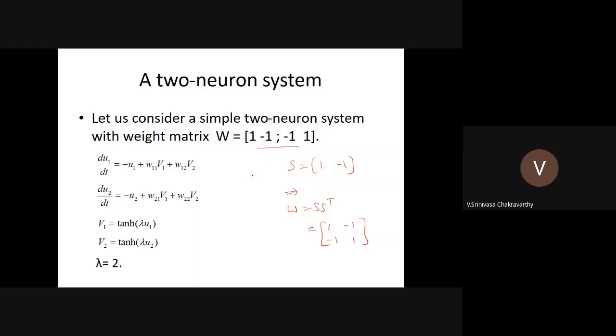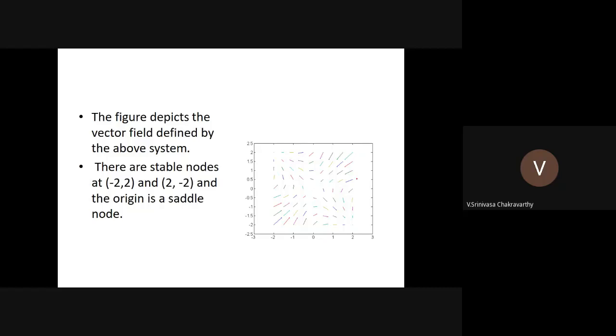If you run this again, you will find that there are two stable states. One is the original stable state, which is (1, -1), and the mirror state property tells you that if (1, -1) is stable, (-1, 1) is also stable, in this two-dimensional system.